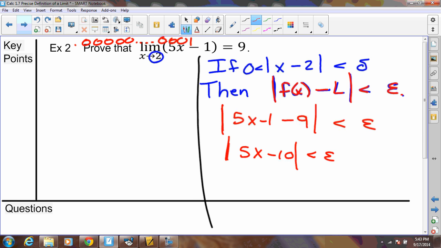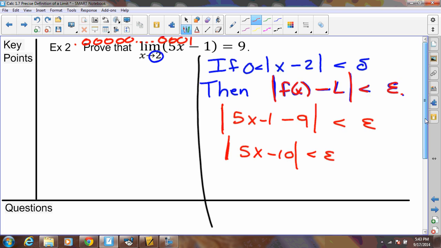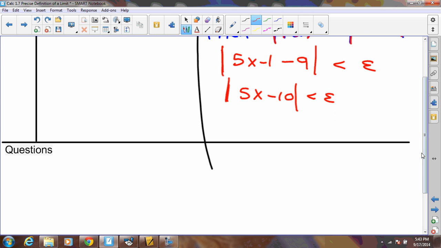Do you see anything we can do with the numbers in our expression inside the absolute value? Well, we can factor out the 5, which leaves behind x minus 2. And again, this is what we need. But because we have a positive 5, we can pull it outside the absolute value, and we get this piece.